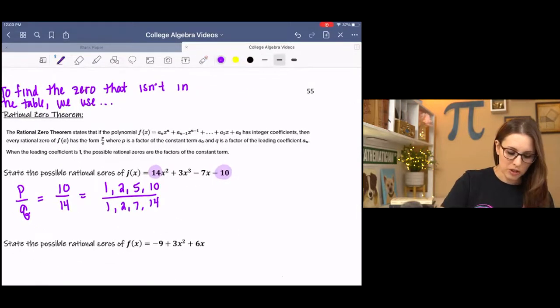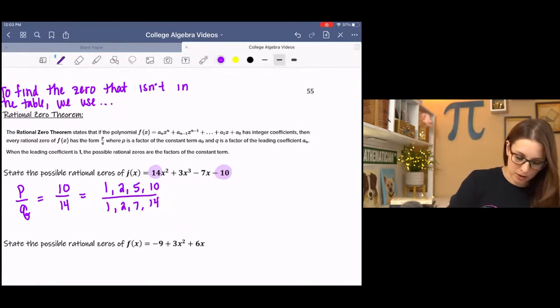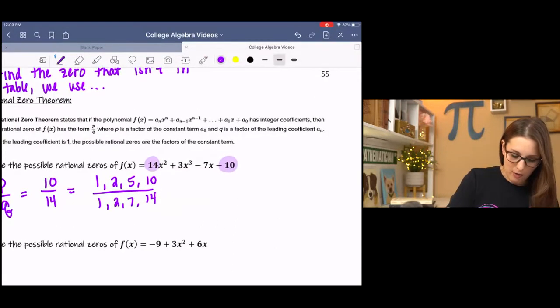Since there is a negative here, we do want to consider the positive and the negative possibilities. And we have positive or negative 1 as a possibility, positive or negative 1/2, 1/7, 1/14.